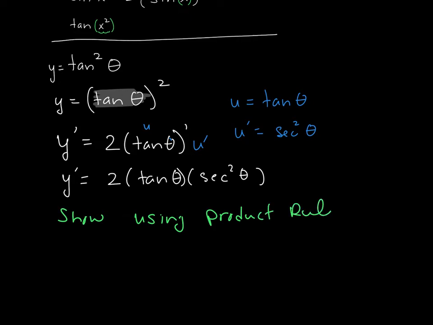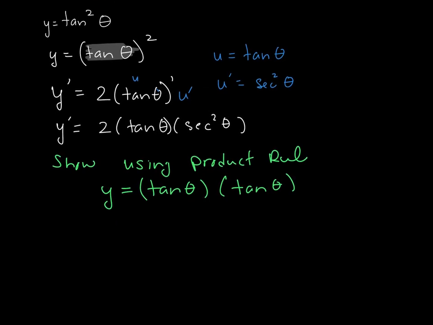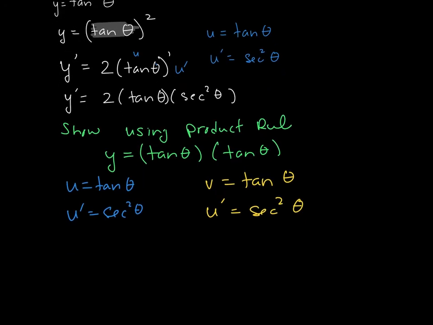And yes, we can, because this way we say y is equal to the tangent of theta times the tangent of theta. So in this case, our first u is going to be the tangent of theta. The derivative of that is the secant squared of theta. Then I have v, which is my second tangent of theta. U prime is going to be my secant squared of theta.